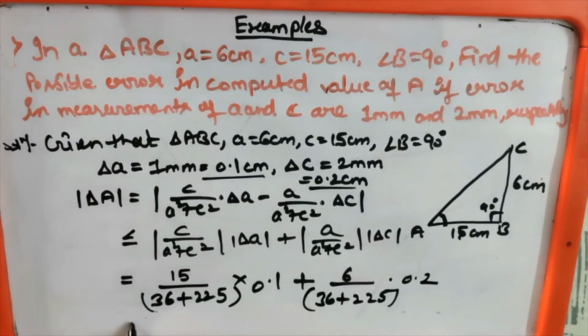After calculating it, the final answer is 0.0103 radian.